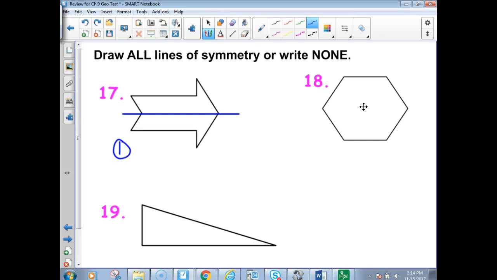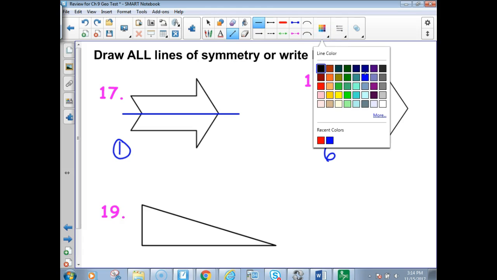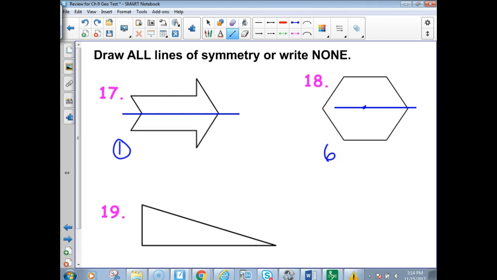All right, what about the next one, though? How many is it going to have? 6. Let's see. So we're going to draw them. It's going to look like more than 6. Okay, but here we go. I'm going to go through that corner, through the middle, to the other side. Go through each of the corners through the opposite corner, opposite vertex, if you will. That's 3 of them.